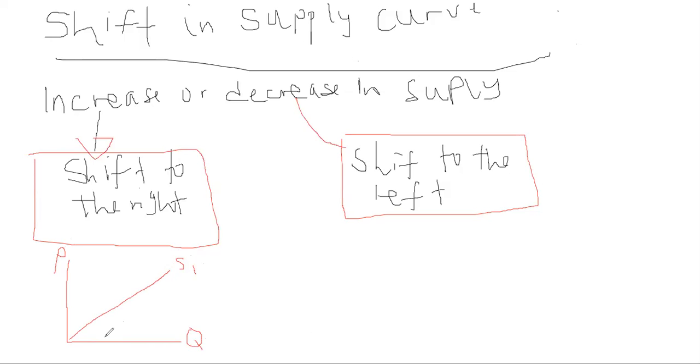It will shift to the right, like here, and we can call this S2. Remember, the shift in supply curve is caused by factors other than price. So the price will be constant here. Let's say this is 4. Price is the same, but the supply can increase from here, this could be 6.